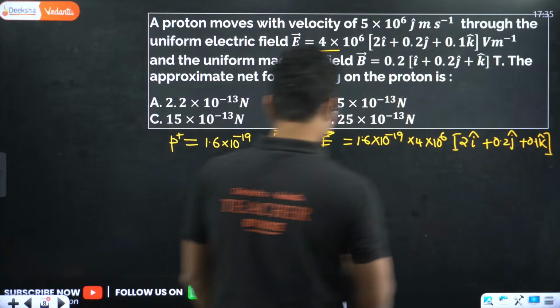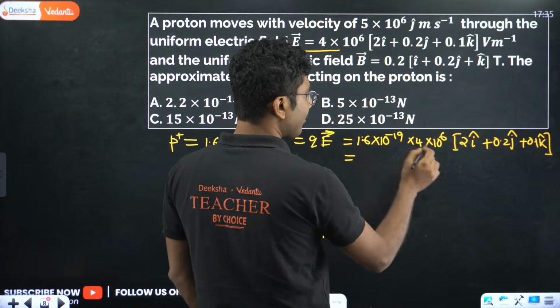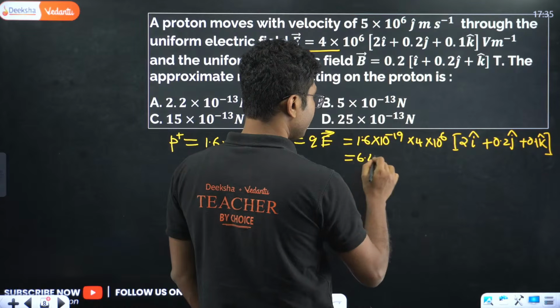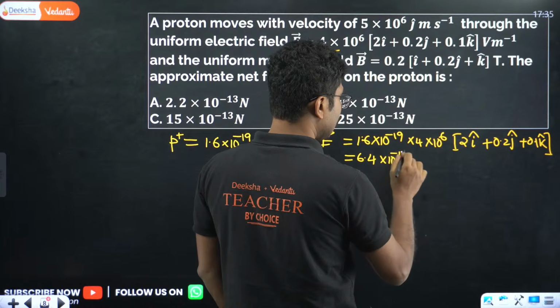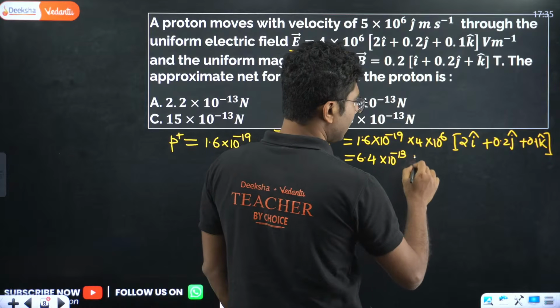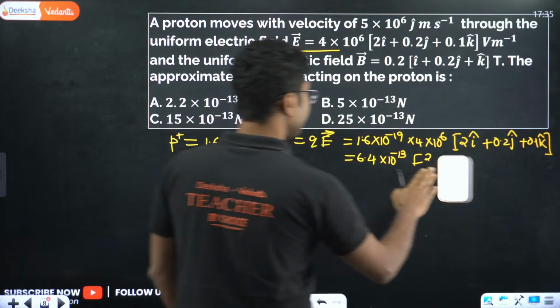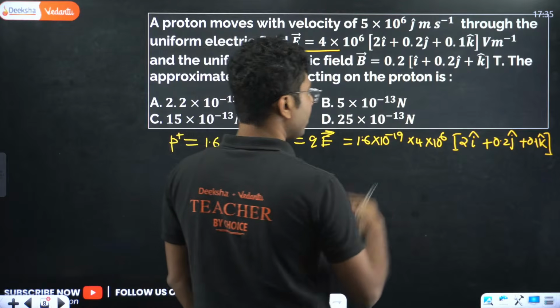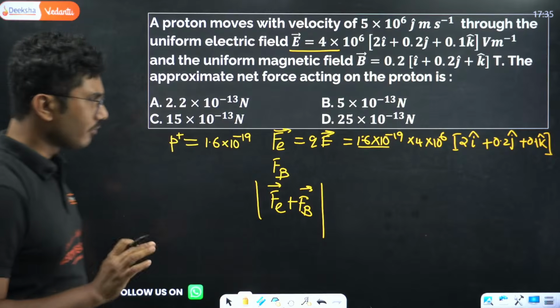So there is an approximation; I will tell you about the approximation as well, but not here. So 1.6 into 4 is 6.4 into 10 to the power of minus 13 into 2, or let me keep it like this only for now, because this charge will be common anyway. So let's keep it like this for now.